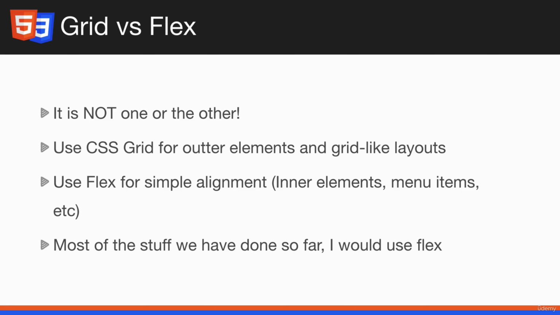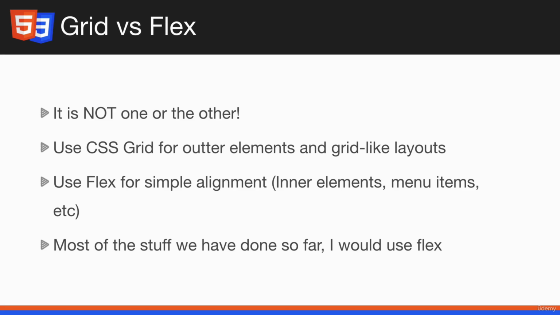For me, I like to use CSS Grid for outer elements, basically boxes and grid-like layouts. And then for simple alignments or inner elements, things like menu items, stuff like that, I use Flex. Most of the stuff that we've done up to this point, like menu items and landing pages where we're centering elements in a Flex column, I would use Flex for that.